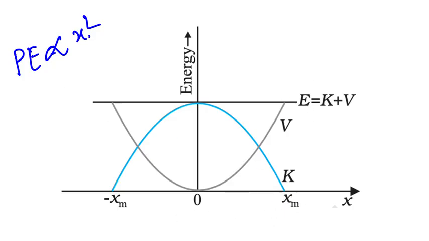And finally, you can see there is a straight line here. This is the total energy, which remains conserved during the entire motion. It means the sum of kinetic energy and potential energy will always be a constant quantity, unless there is a non-conservative force.